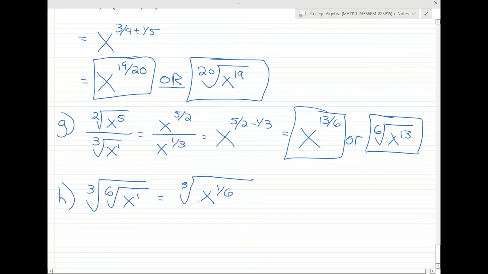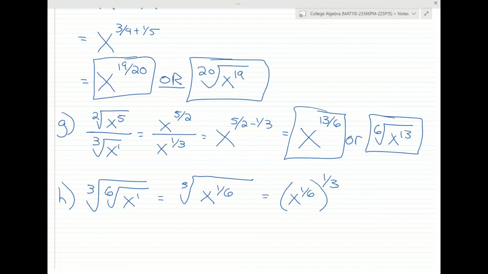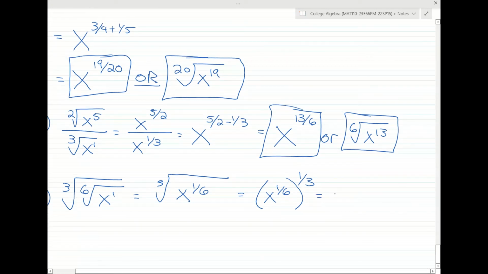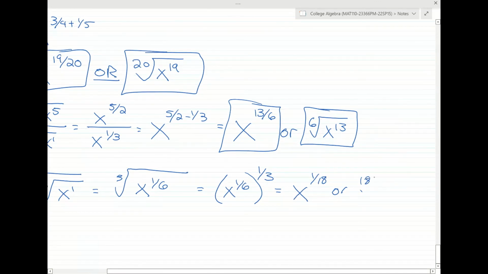And then we're taking the cubed root of that. So this is just x to the 1/6 to the 1/3 power. We're converting radicals to exponents. And what do we do if we have a power to a power? Multiply them. So this would just be 1/3 times 1/6 is 1/18, or the 18th root of x.